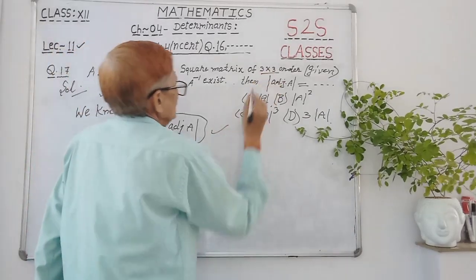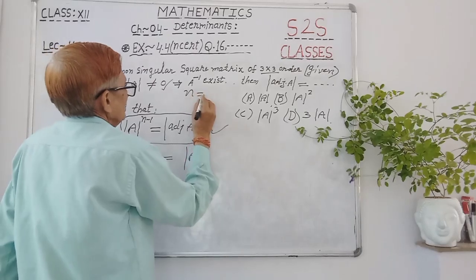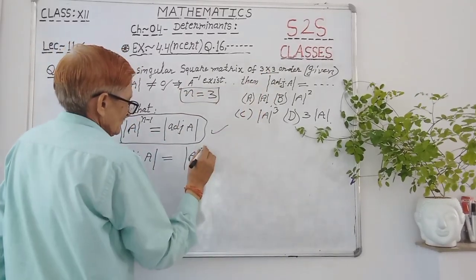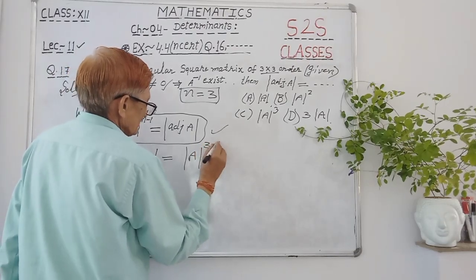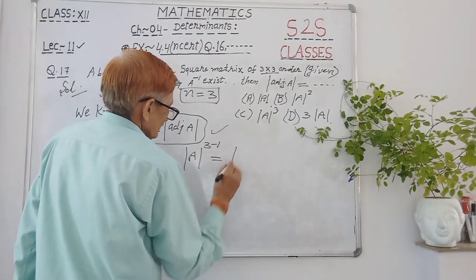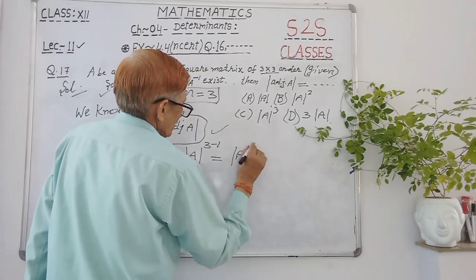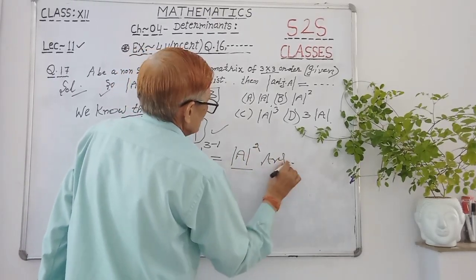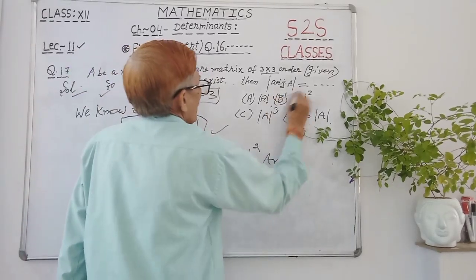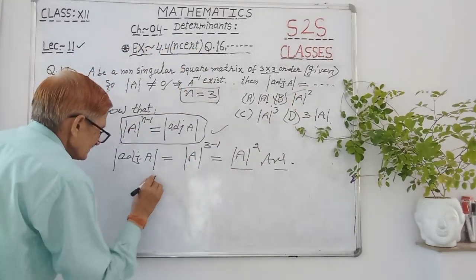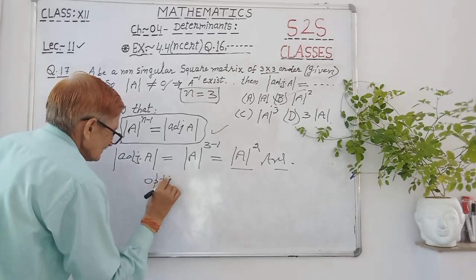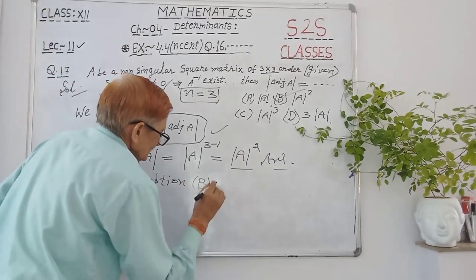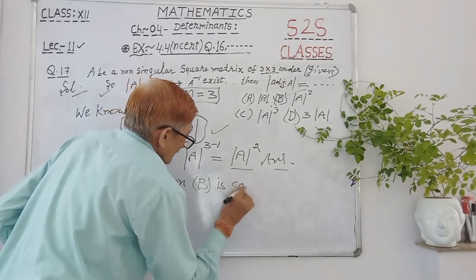N is given here as 3, order 3 by 3. So 3 minus 1, then it will be determinant A power 2. Answer: option B is correct.